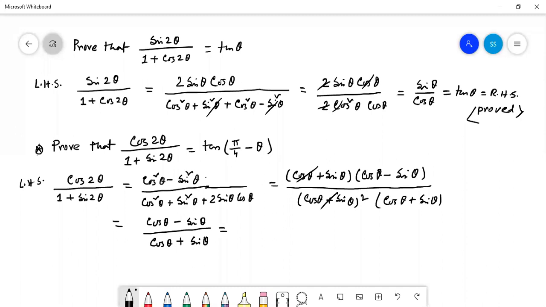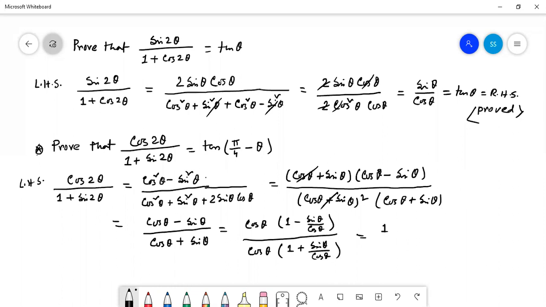Now divide, taking common cos theta from the numerator. There it is 1 minus sin theta by cos theta. Again, if we take common cos theta from the denominator, then it will be 1 plus sin theta by cos theta. Cos theta cut.